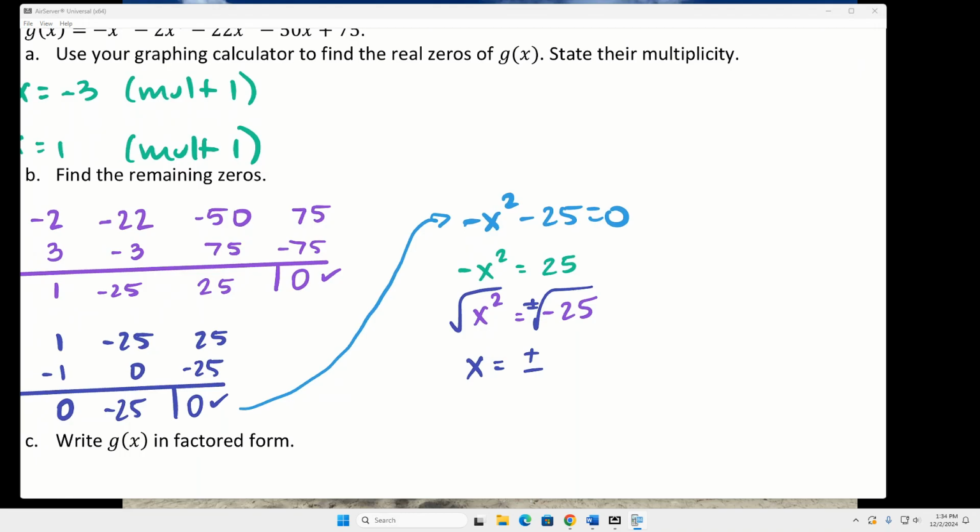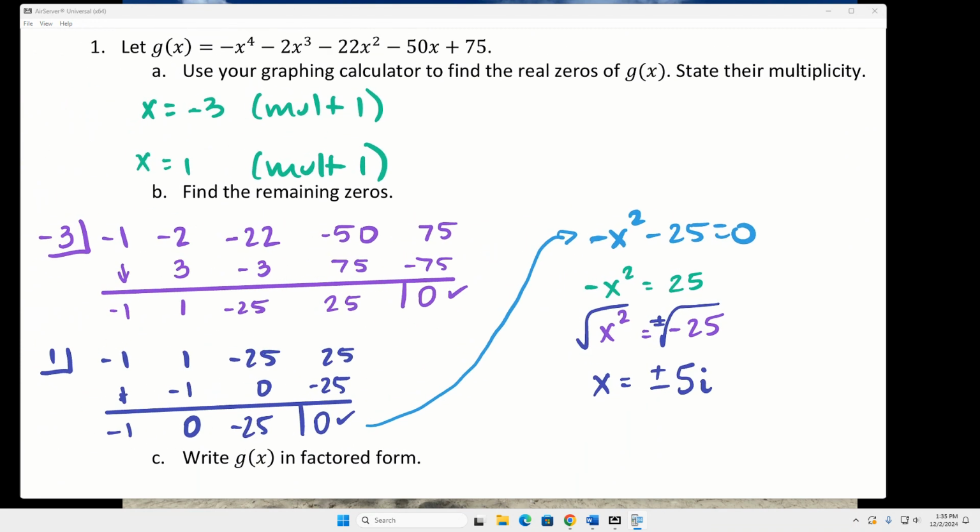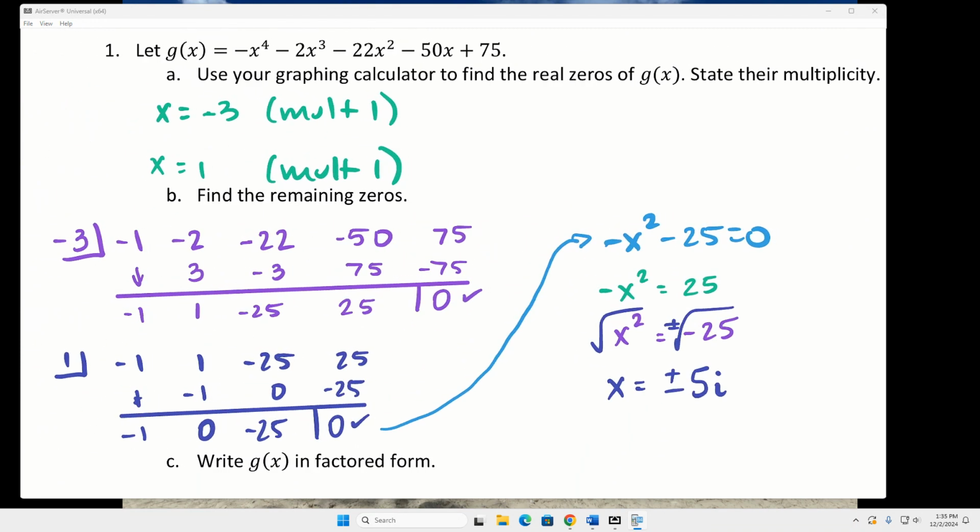Okay, so what is the square root of -25? I need y'all to shout it out loud and proud. 5i, yes. All right, how many zeros was this one supposed to have?